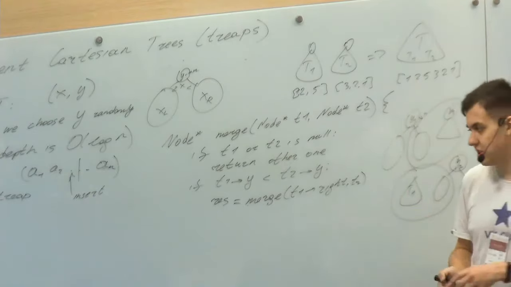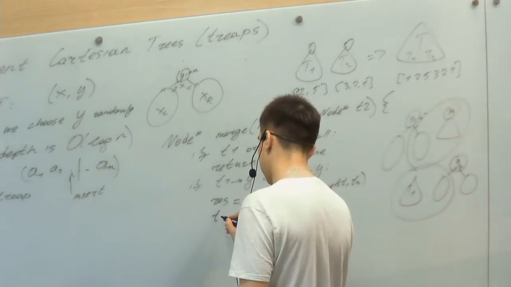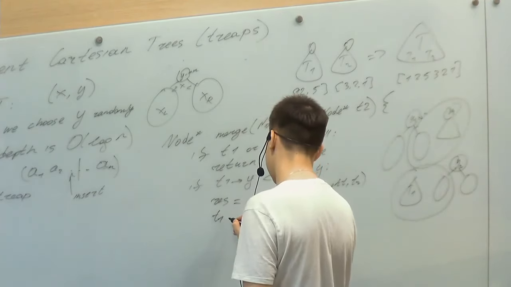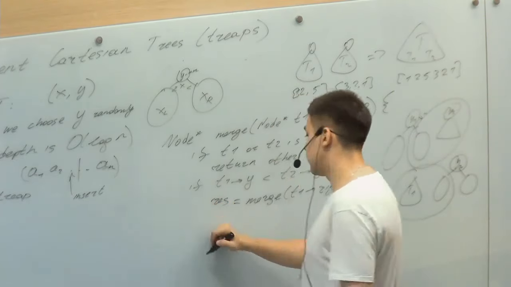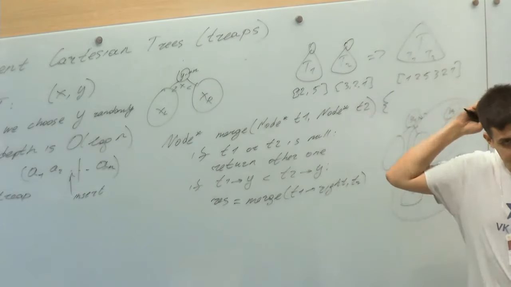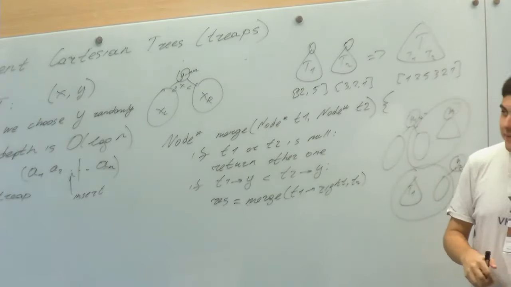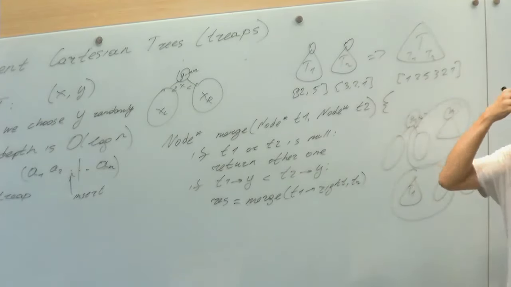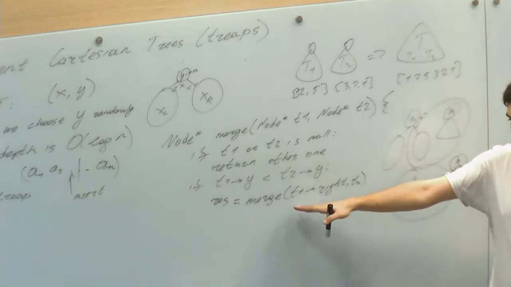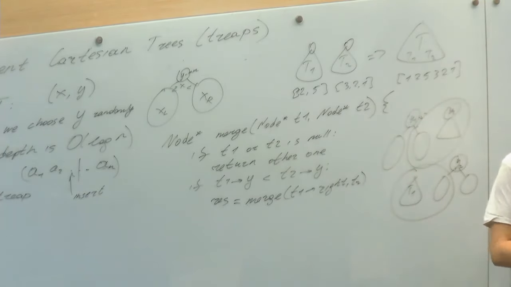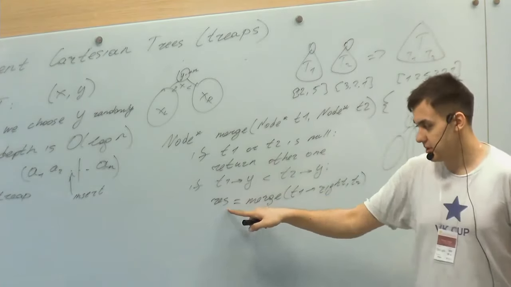Well, I cannot just say that the right child should be this, because my goal is to make all fields immutable, since it's easier for me to implement and I don't want to change any values.